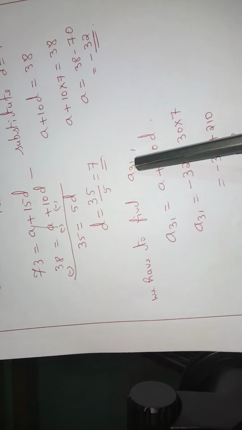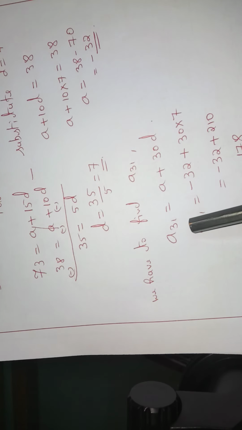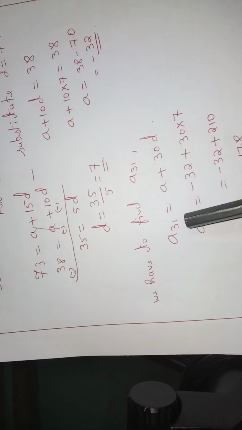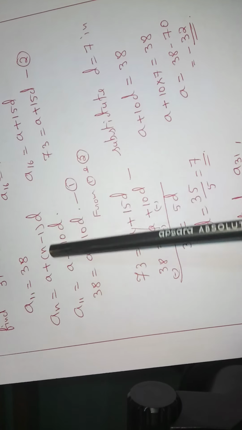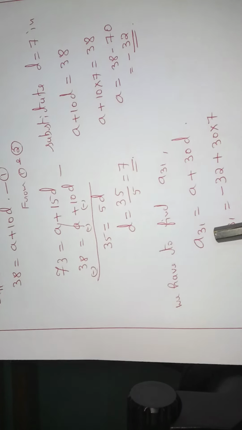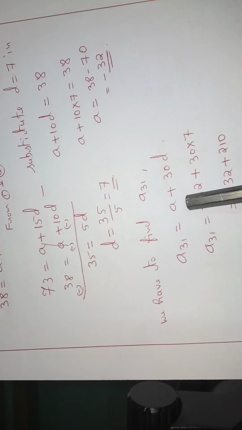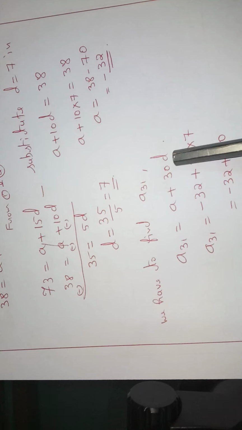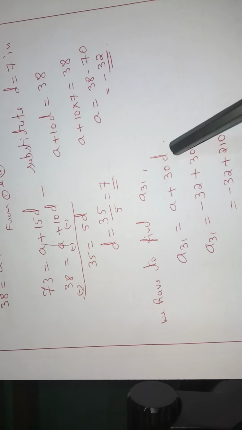Find A31. In the same formula, A plus N minus 1 into D, we will write A31 is equal to A plus, 31 minus 1 is how much? 30. Therefore, A plus 30D.